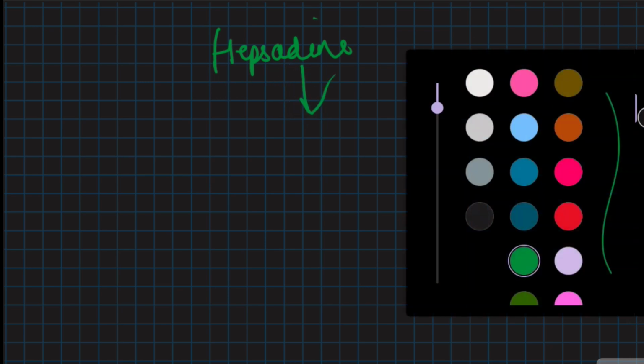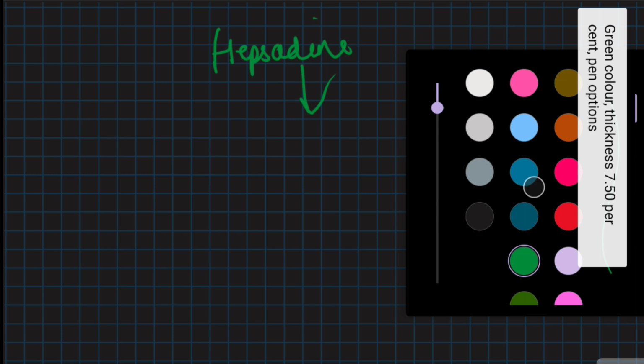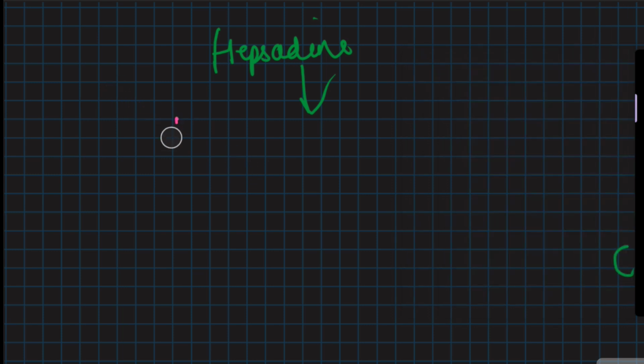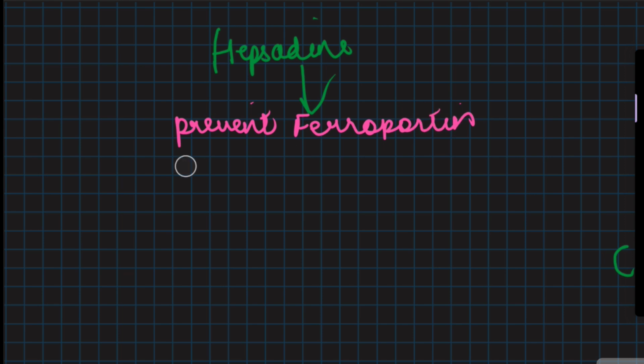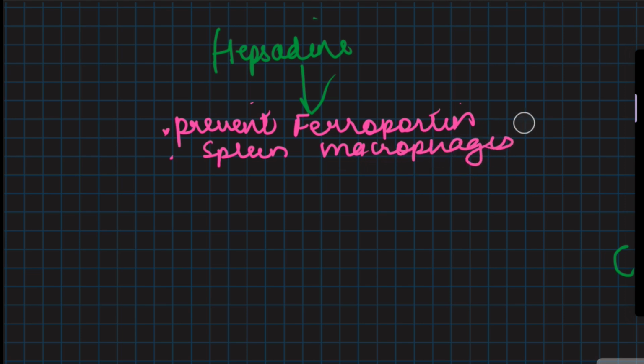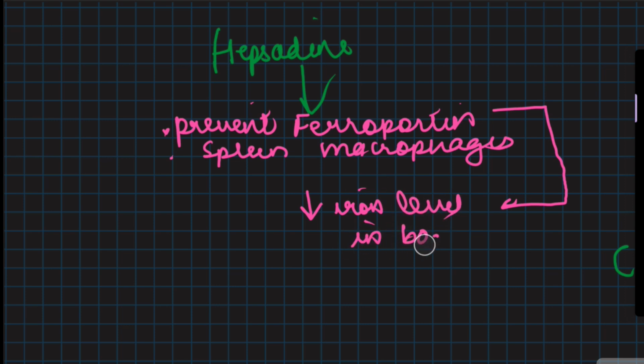It prevents ferroportin, responsible for spleen macrophages, and as it prevents the ferroportin, it decreases iron level in body during iron overload in body.